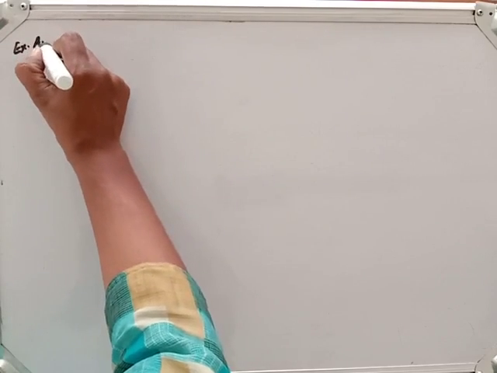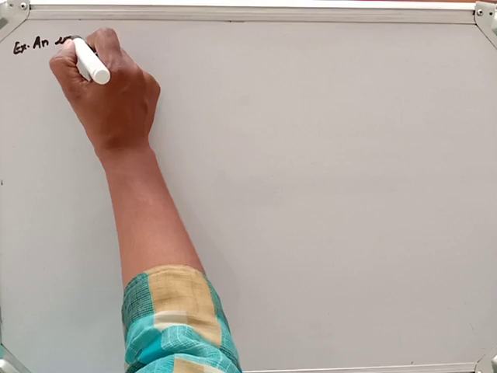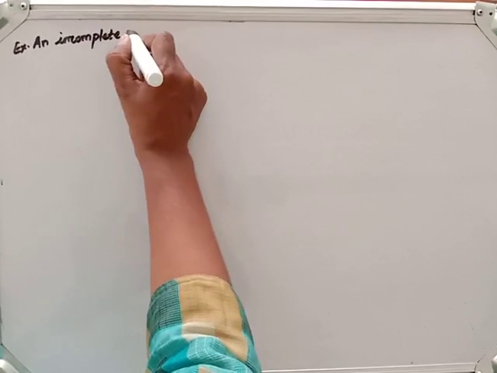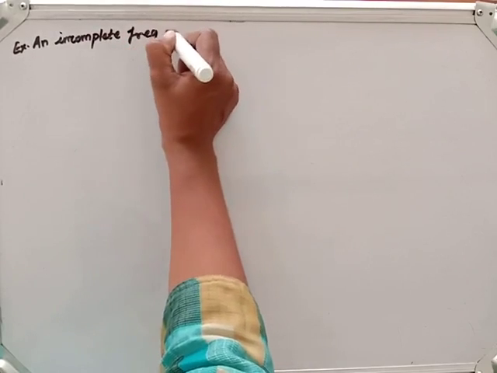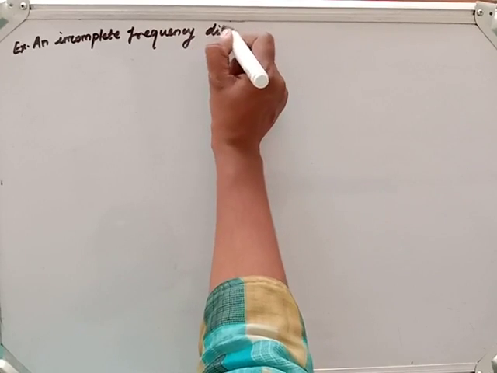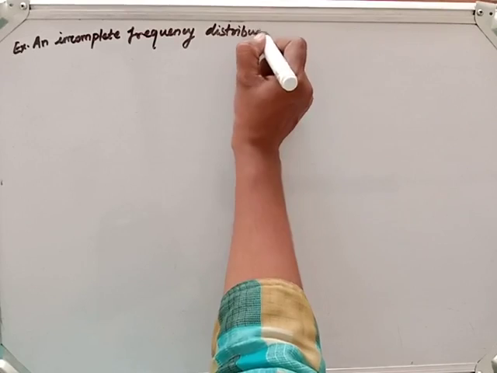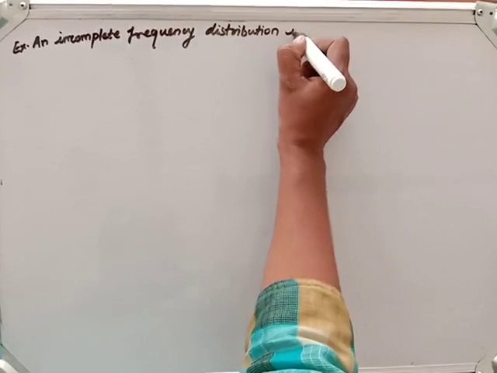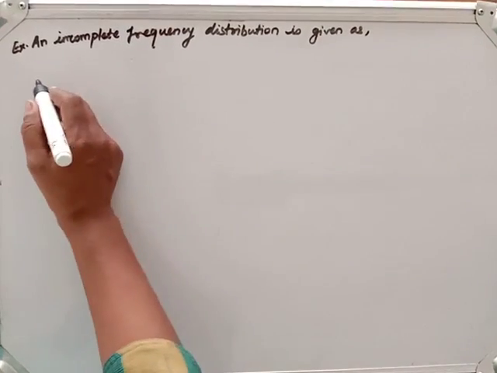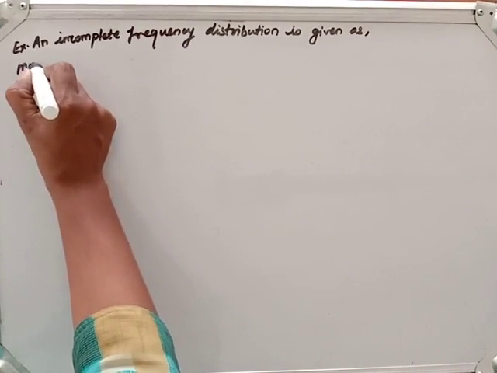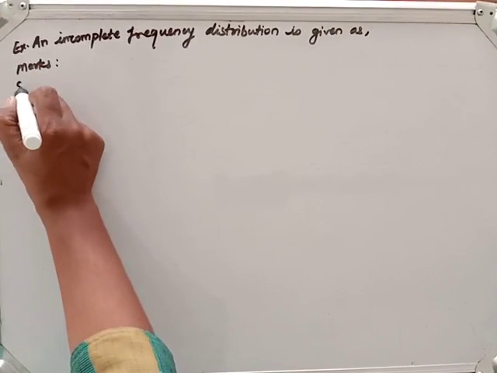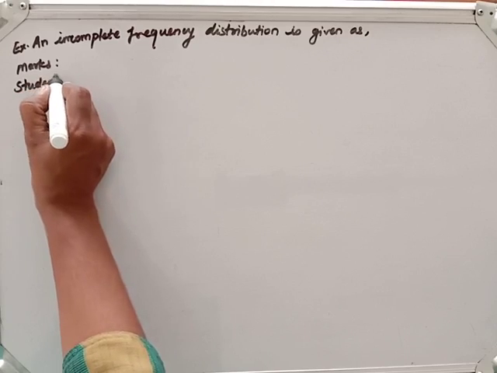So now an example. An incomplete frequency distribution is given. Incomplete means some values are not given here. The frequency distribution is given as, marks and number of students, or let me write simply students.